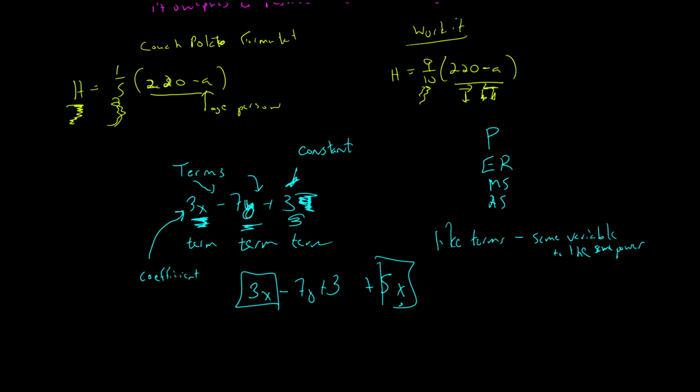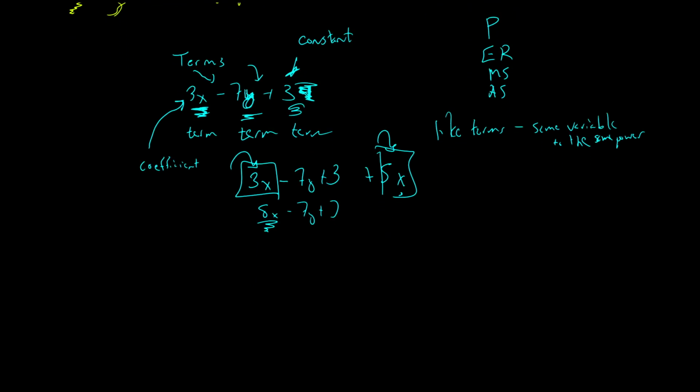And with like terms, I can bring them together. It's like saying I have 3 x's and 5 x's, so altogether I have 8 x's. And collecting like terms is part of simplifying expressions.